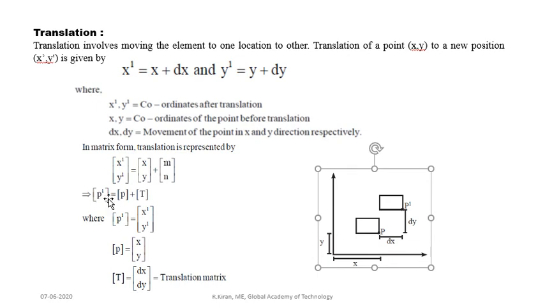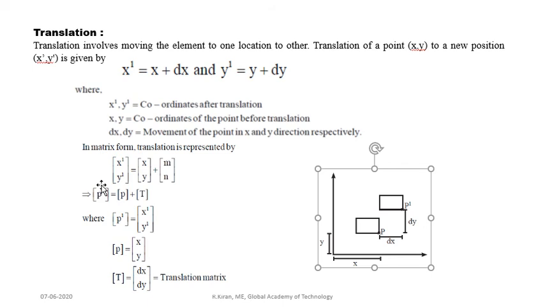The vector p dash is the position obtained after translation, and the position of point p is represented by x, y, the coordinates before translation. So p dash = p + t.